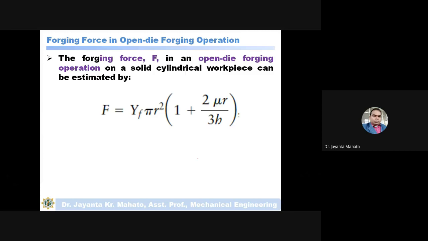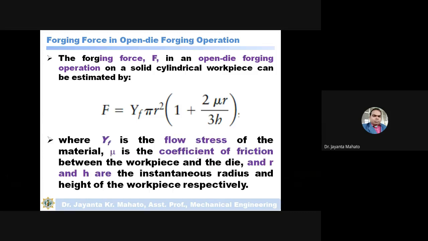Okay. In this case, the force required to deform the material, F, is nothing but YF, the flow stress that I told, multiplied by pi R squared. This is nothing but the area, pi into R squared, multiplied by 1 plus 2 mu R over 3H. Mu is the coefficient of friction, and R and H are the instantaneous radius and height of the workpiece respectively.